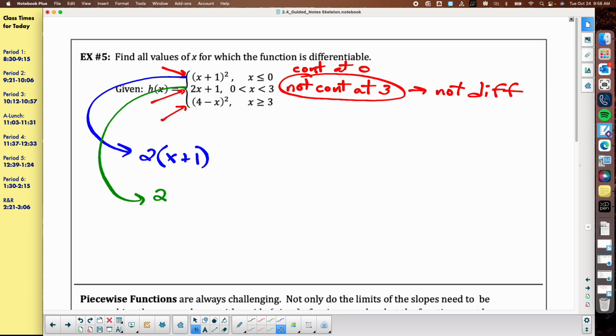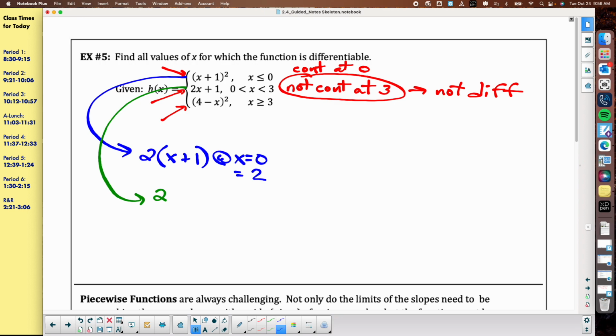So if we want to find the slope from the left of 0, I'm going to plug 0 into here, which would give me an answer of 2. This is terrible notation. Now they have the same slope on the left and the right. So it is differentiable at x equals 0 because they have the same slope left and right.